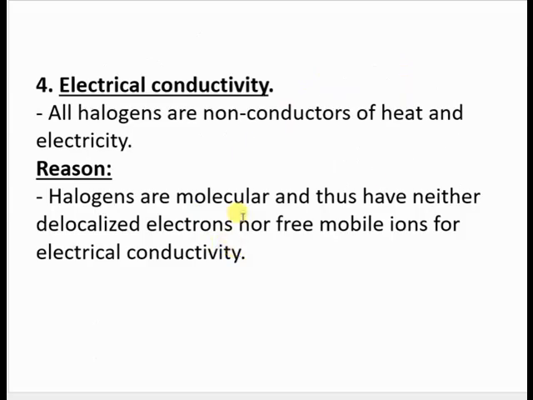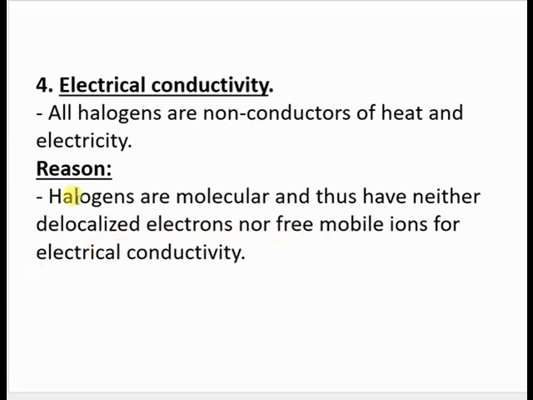Electrical conductivity. All halogens are non-conductors of heat and electricity. Therefore, they are poor conductors of electricity. They don't conduct electricity. The reason is that halogens are molecular compounds, and thus they don't have delocalized electrons nor free mobile ions for electrical conductivity.